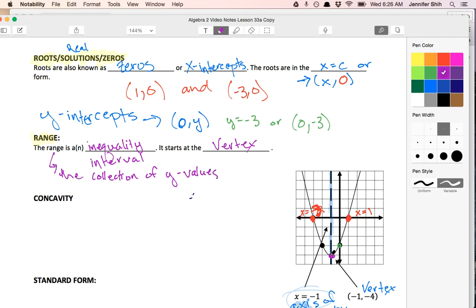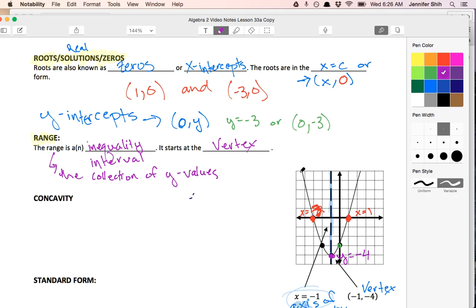We start with the range at the vertex, and this is when y is equal to -4. All of the values for this parabola are bigger than -4. This value of y is like -3.5. This value is -3. This value is 0. This value is bigger.